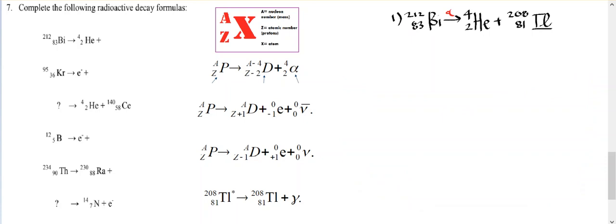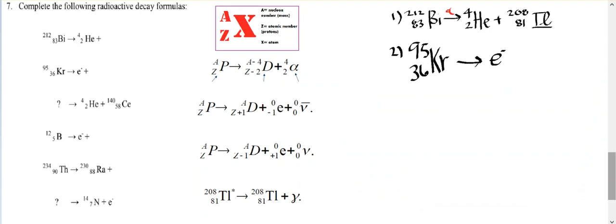For number 2, we have krypton undergoing beta minus decay. We know this because in the problem, the electron has a negative charge. So therefore, it is adding a negative charge, and it adds no mass. So in efforts to conserve the nucleon number, we find that the daughter element must also have a mass of 95 for its nucleon.